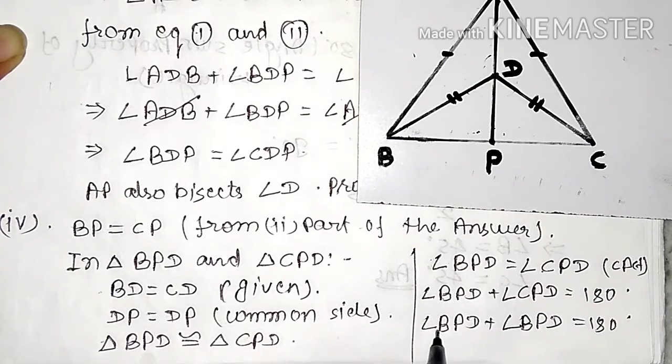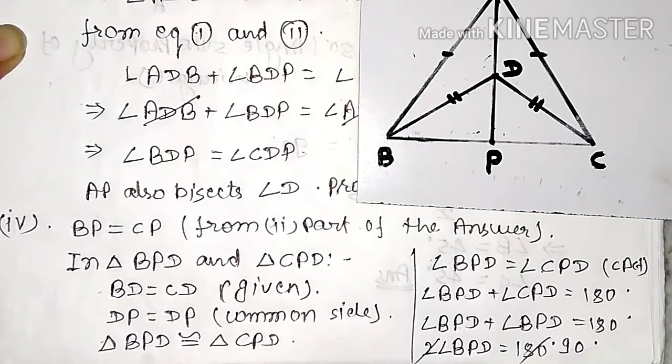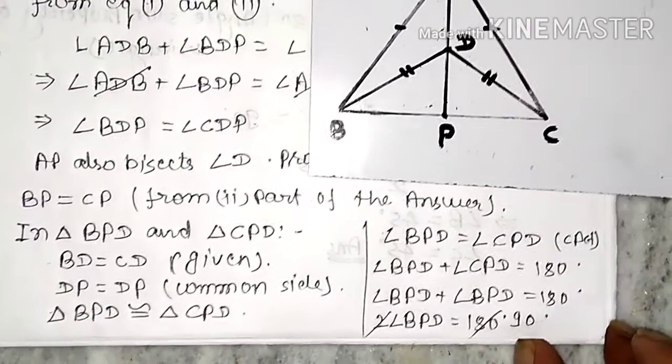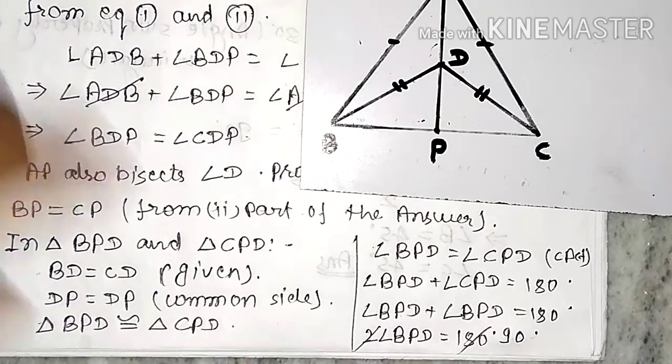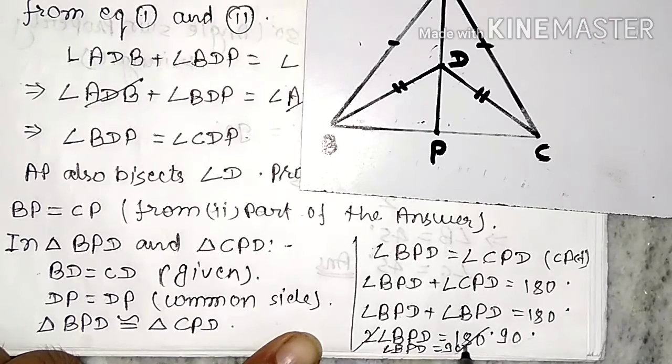Now angle BPD plus angle BPD, we can write here twice of angle BPD is equal to 180 degrees. 90 times it is cancelled. So we can say here angle BPD is equal to 90 degrees. Proved.